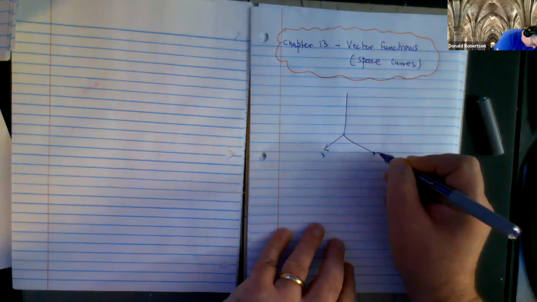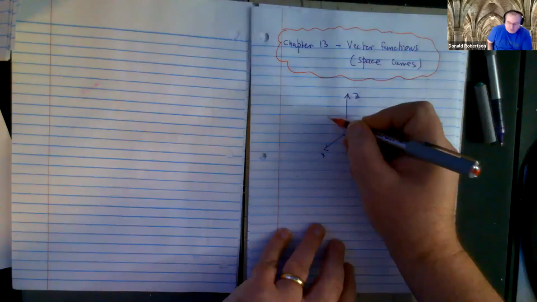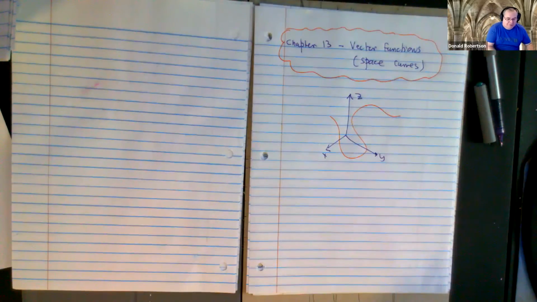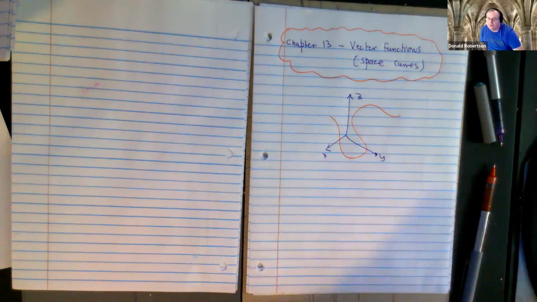It's kind of hard to draw, but I'll do my best. I want you to imagine a curve in 3D space. Tipping my finger is a curve. Can you see how in 3D space it can bend and wiggle in all sorts of different ways?